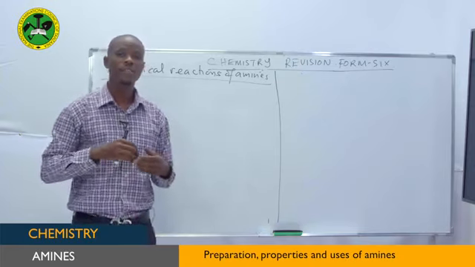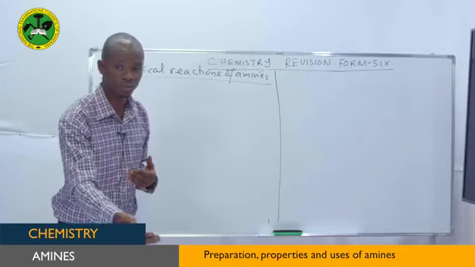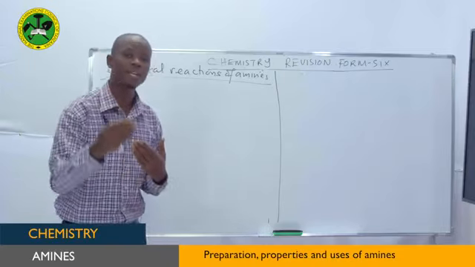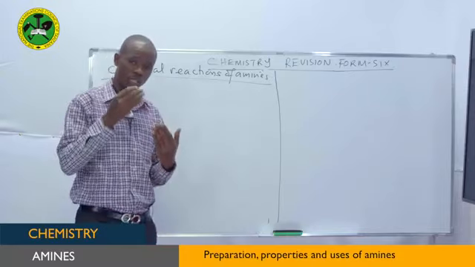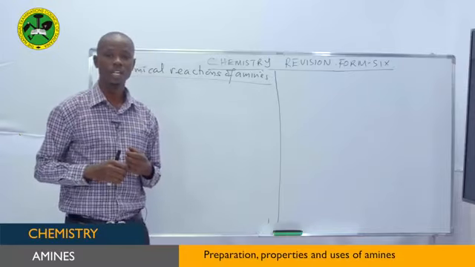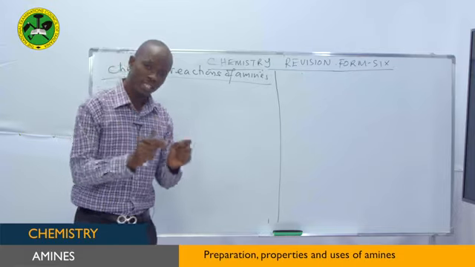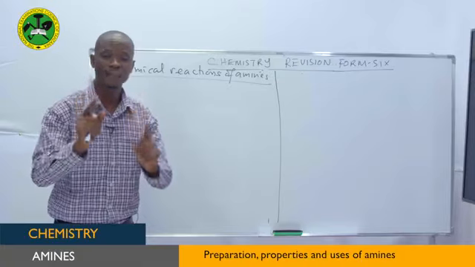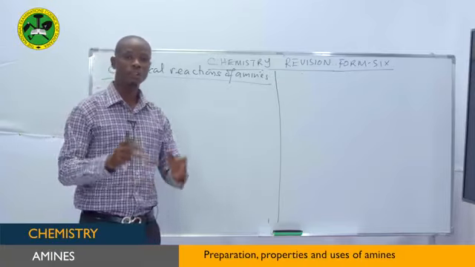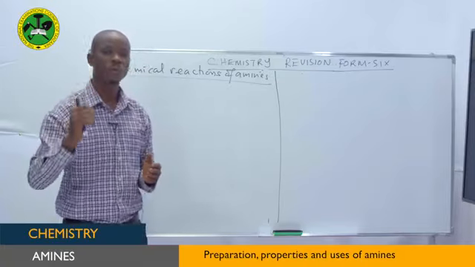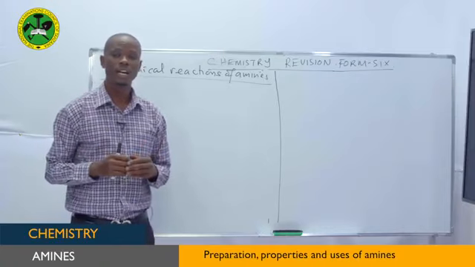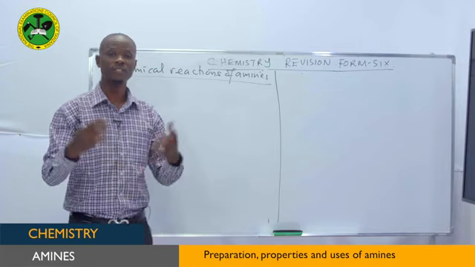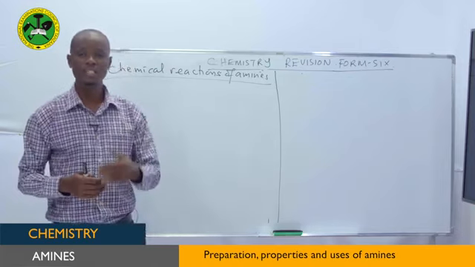When they donate a pair of electrons to a Lewis acid, they welcome the Lewis acid to come and bond to the nitrogen atom. So the electron density on the nitrogen atom explains how reactive the amines can be. Now to explain that, I hope in class you studied the factors affecting organic reactions. We have this factor which is called the inductive effect.